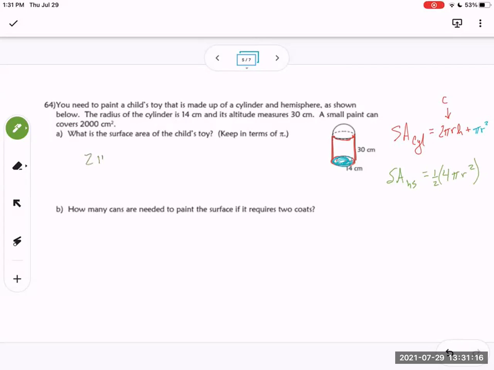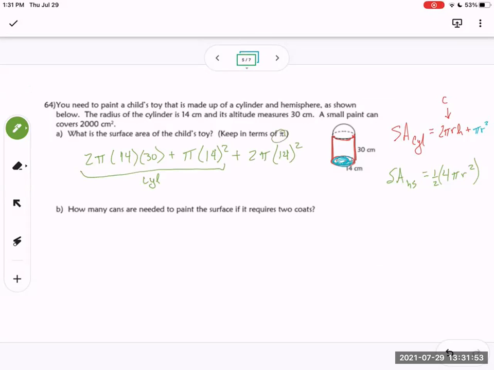So it's 2 pi times 14 times the height, 30, plus pi times the radius, 14 squared, that's the cylinder, plus 2 pi 14 squared for the hemisphere. Got it? I will leave it up to you to simplify all that and punch it into your calculator.